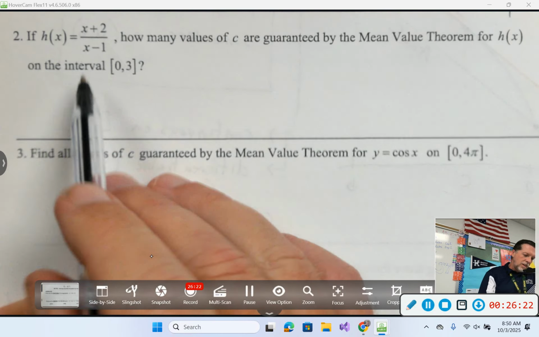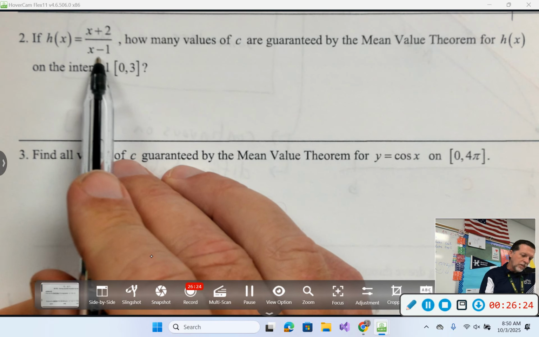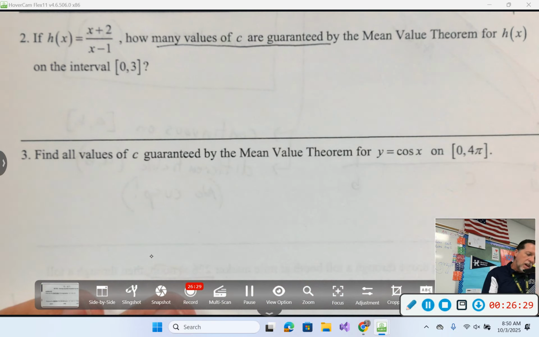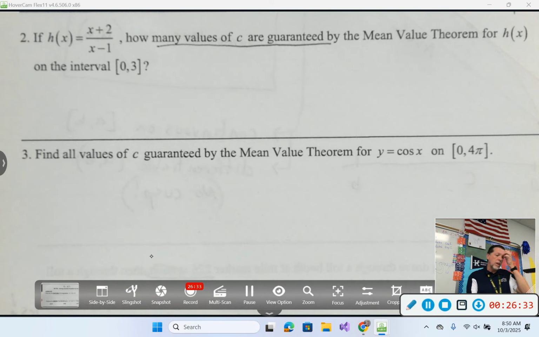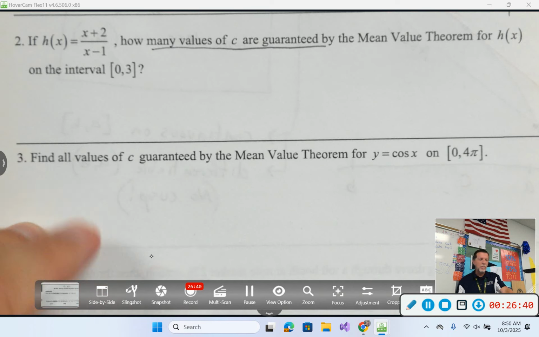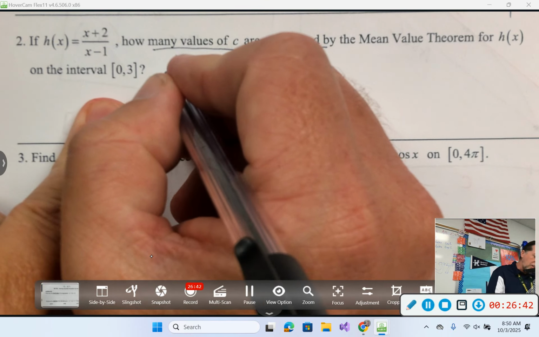Questions on that one? Number 2. If h of x equals x plus 2 over x minus 1, how many values of c are guaranteed by the mean value theorem between 0 and 3? Well, my initial answer is 1, like the mean value theorem guarantees 1 value. But maybe we need to pause and check on this thing.